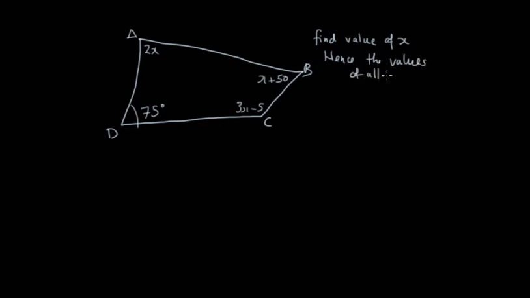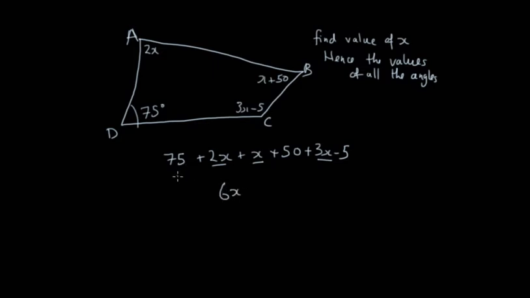So what we would do is we're going to set up an equation. That is a terrible A, it's like a wee triangle. We know that each of these angles added together is going to give us 360, so let's just write that down. So we've got 75, add 2x, add x plus 50, add 3x minus 5. Now we're going to group like terms. So there's 2x, add x, add 3x, and that is going to give us 6x.